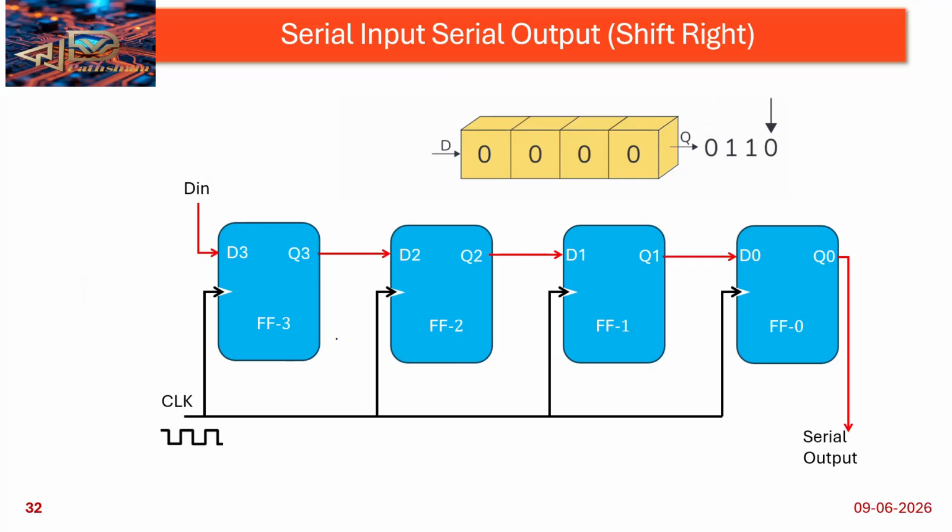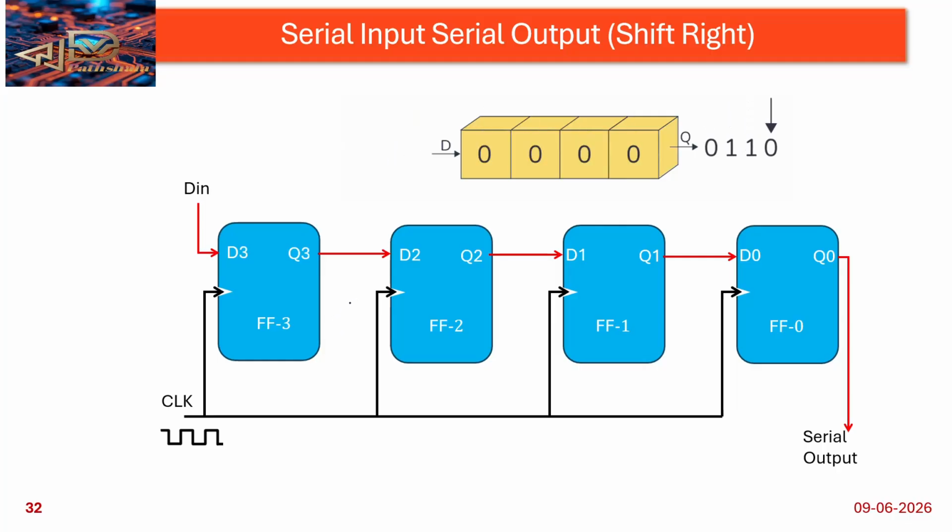How is the data moving? First clock cycle, second, so four clock cycles are required. After that, the remaining three clock cycles, the data will be emptied. That is the right shift operation here. First I am giving 0, after that 1, after that 1, then 0. Then 0110 is loaded. That will take 4 cycles.